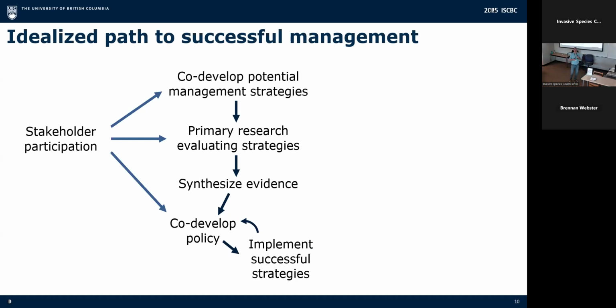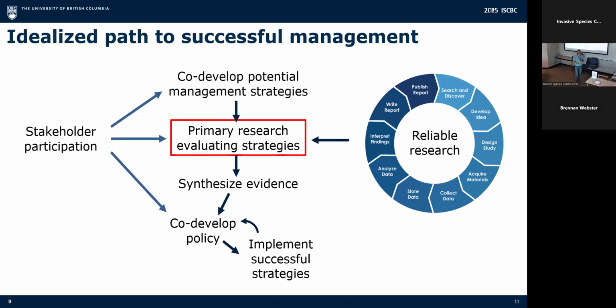And then in a lot of contexts, it's beneficial to build up a body of literature and research that can then be synthesized and inform synthesis and policy ultimately, which then gets put into practice in terms of management practices. And there would be some adaptation in there too if we need it, and on a regular basis it gets updated. So that's idealized, and this is applied in many contexts you can imagine.